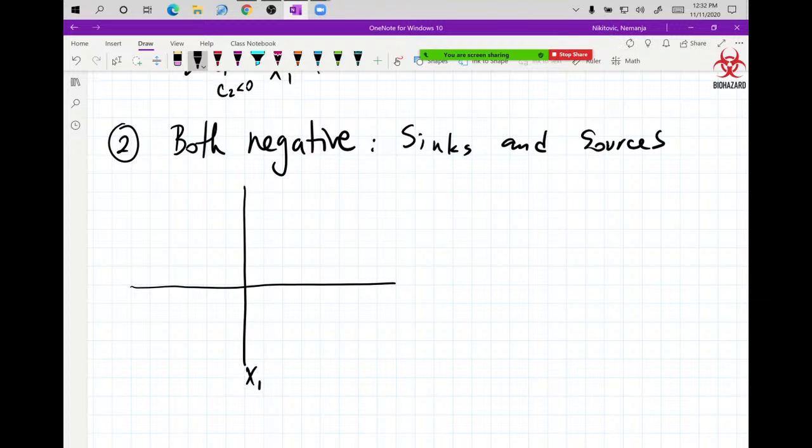Again, put your vectors somewhere. We are going to have points going inside into the point, creating what you would call a sink. So they would drop in and disappear at the point. So the solution will come in and just, boom, go right in.